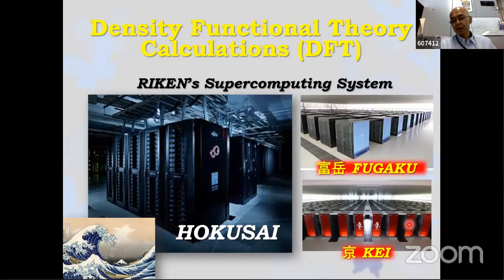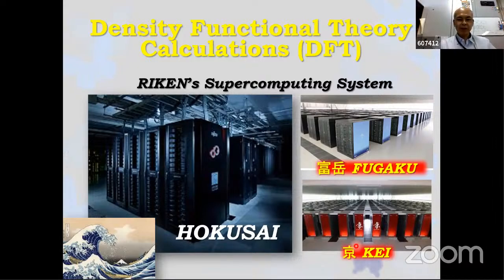For instance, I think you know about the number one supercomputing system, Riken's K, named K. About 5 years ago, this was the fastest supercomputing machine in the world. They kept that position for 2 years, but now it's not number one, and it was already destroyed and thrown away.